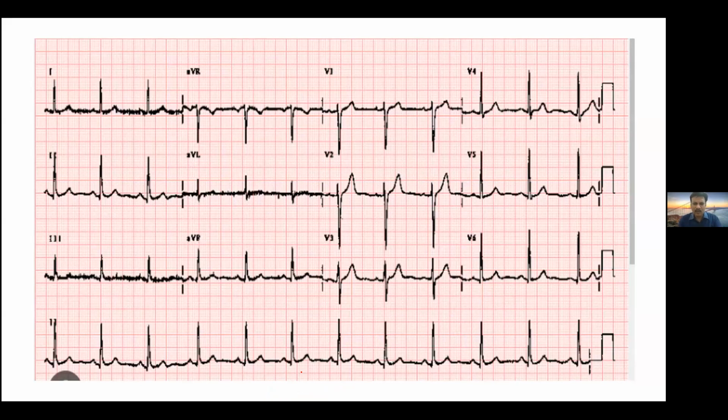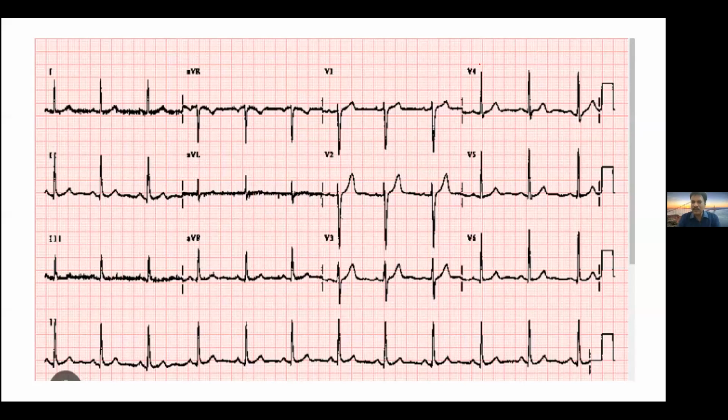So now having known how it progresses and how it regresses, see here, V1 has a small positivity, the rest is all negative, so it is the longest. V2, see here, the height of the R wave increases and the depth of the S wave slowly decreases. V3, it is further increasing. Similarly, the depth of the S wave decreases.